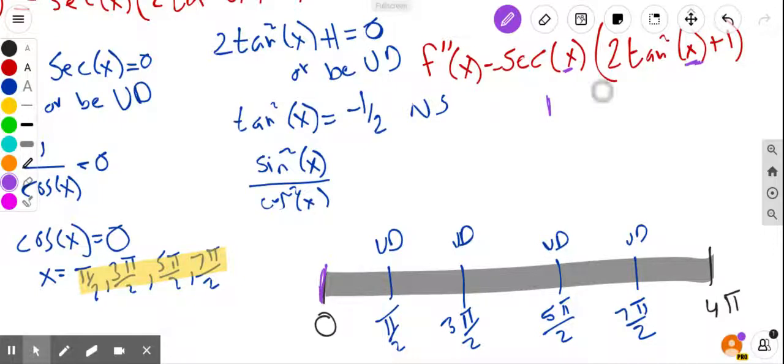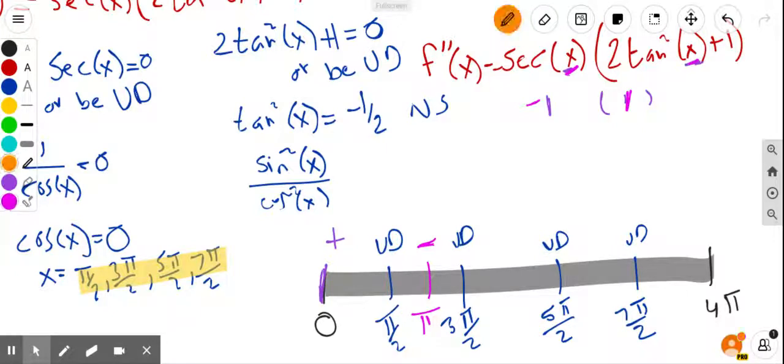Plus 1 would make it a positive 1. So this should be positive right here in this interval. I'm going to choose a different value. So now let's talk about pi. Secant of pi is a negative 1. Tangent of pi is still 0. Plus 1 gets me a 1, so that should give me a negative.